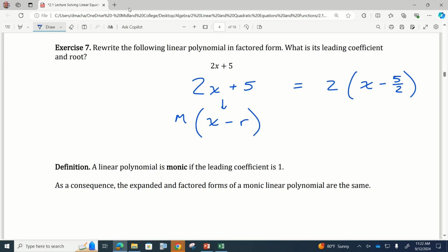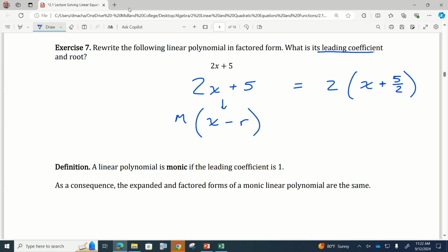So if I think about distributing the 2, I would get 2 times x, that's good, minus 2 times 5 over 2, that would be minus 5. Oops, so this should really be x plus 5 over 2, right? Because if I distribute the 2, I need to get back to my expanded form that I started with. These have to be equal to each other.